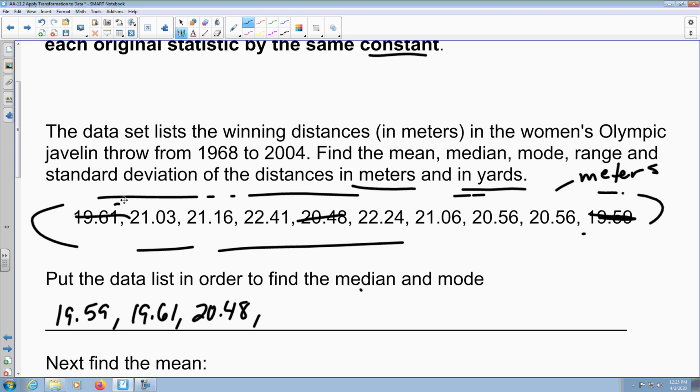And then I got 20.56 there, 21.03 here, 21.06 there, and then 21.16 there.